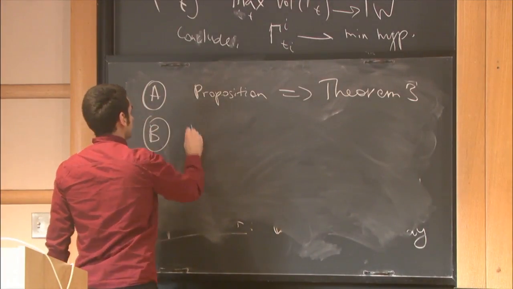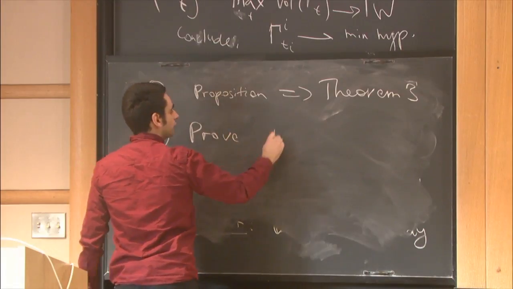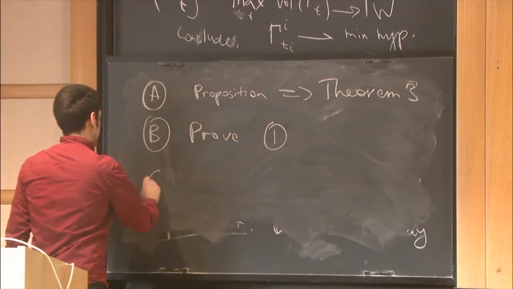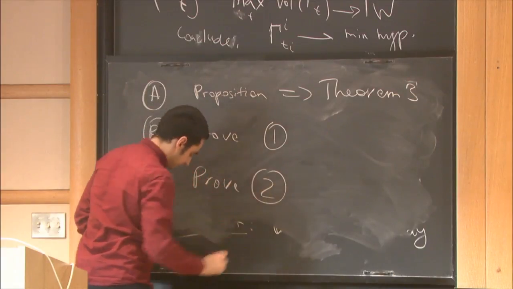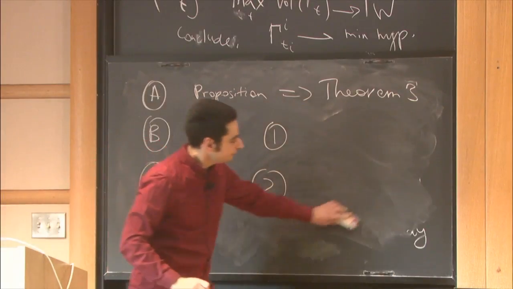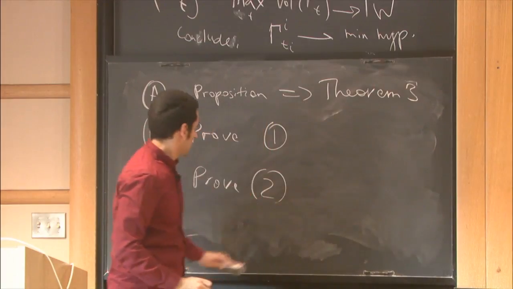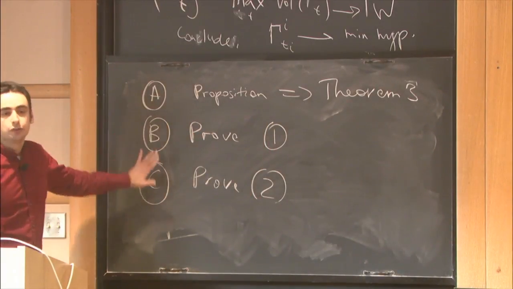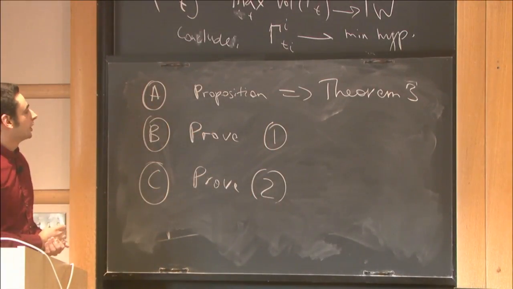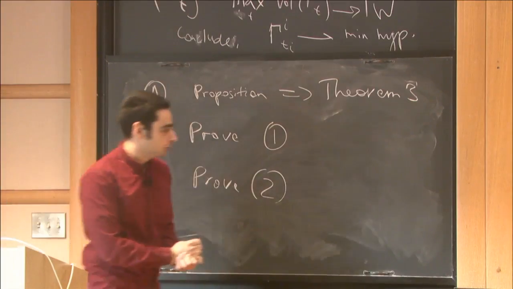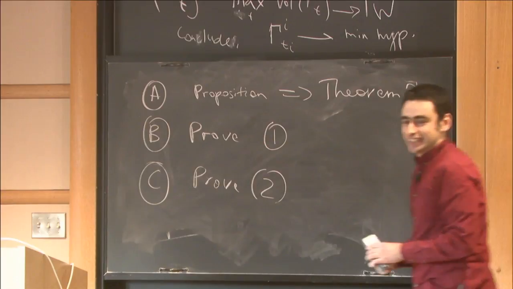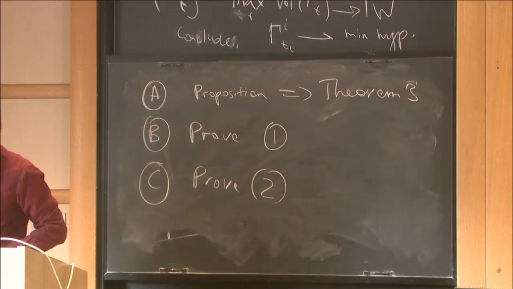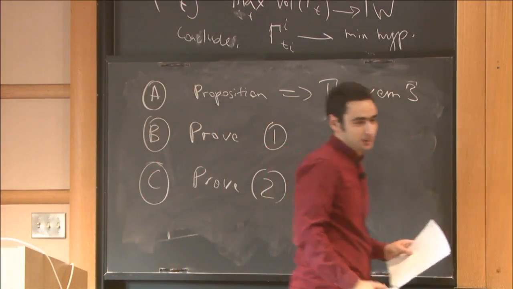B, to prove the first statement in the proposition, and C, to prove the second statement in the proposition. And I feel that I will not be able to do justice to all of these three things. So I would like the audience to choose which one of A, B, and C you'd like me to do in the remaining time.